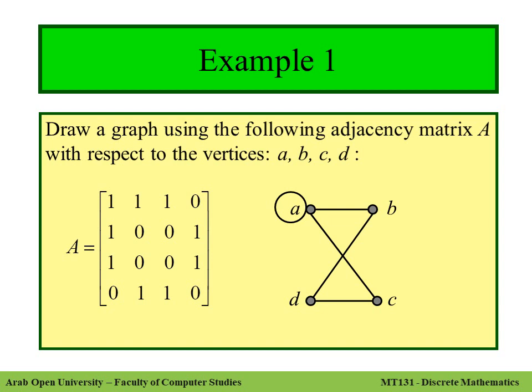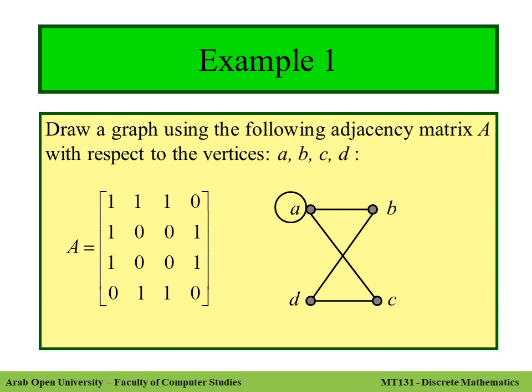This is a 4x4 matrix, so it represents a graph that has 4 vertices. Here are the labels A, B, C, D. Now you start by drawing the labels A, B, C, D, and go back to the matrix. Anytime you see an entry of 1 between 2 vertices, then they are connected. If you see 0, then they're not connected.